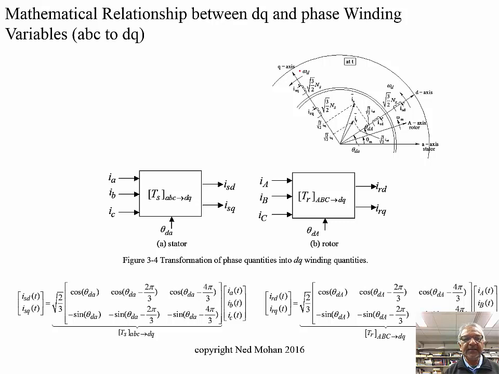So we see that if these are the three phase currents we have at any given time, IA, IB, and IC, then by using this transformation matrix, which is dependent upon this angle theta dA, we can calculate ISD and ISQ.